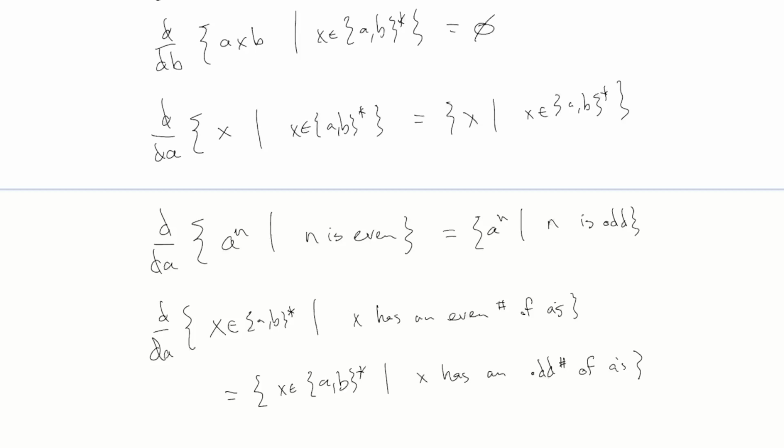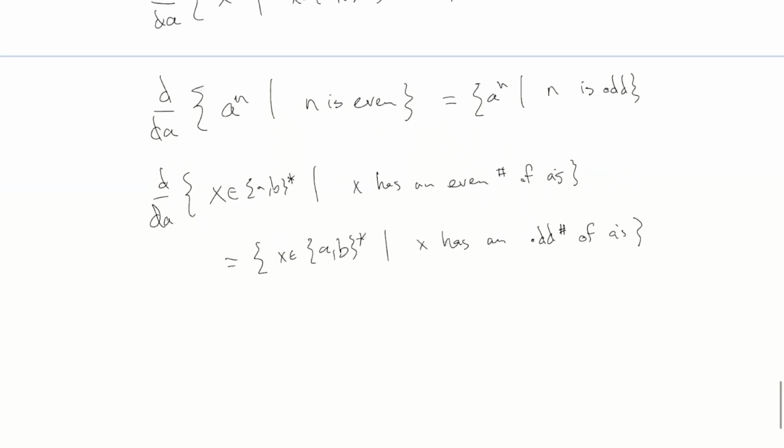But it is weird but true, all right? I got one more. Here's just a simple variation. Same deal, but with the B derivative: x in {A,B}* such that x has an even number of A's.